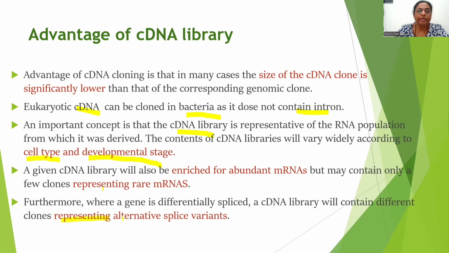Next, that cDNA library is also going to represent the alternative splicing variants. Alternative splicing is a post-transcriptional modification, and it is one of the types of splicing. From one gene, the mRNA which is synthesized is spliced in two alternative ways, which gives you two different types of proteins.